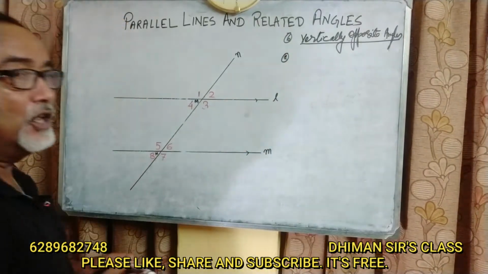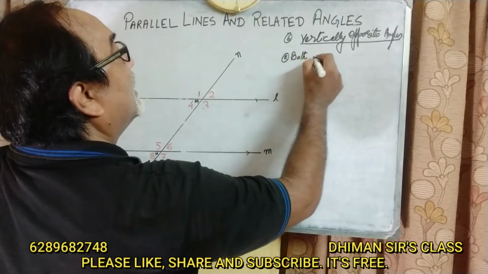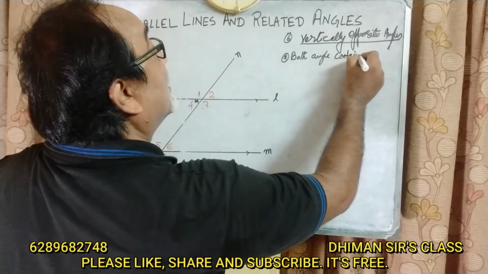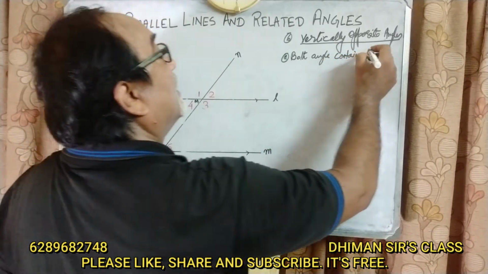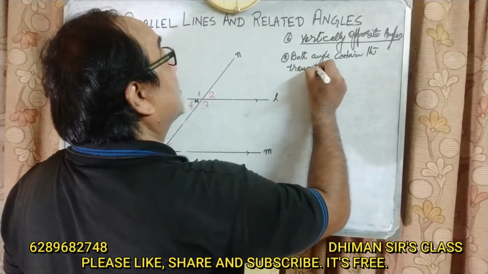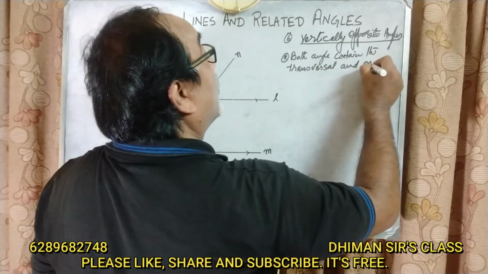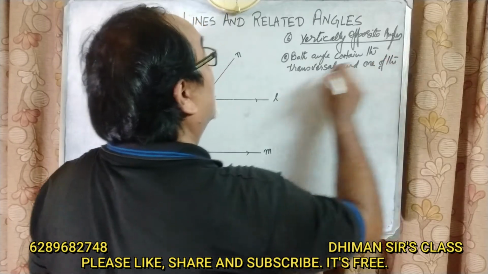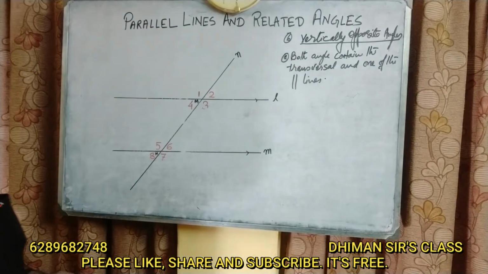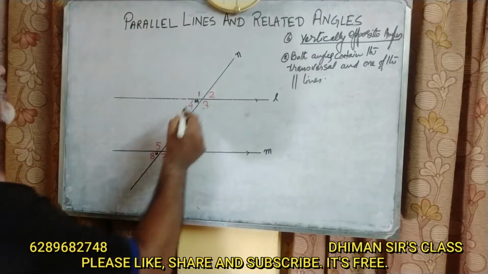A. Vertically opposite angles, both angles contain the transversal and one of the parallel lines. Suppose 2 is equal to 4.